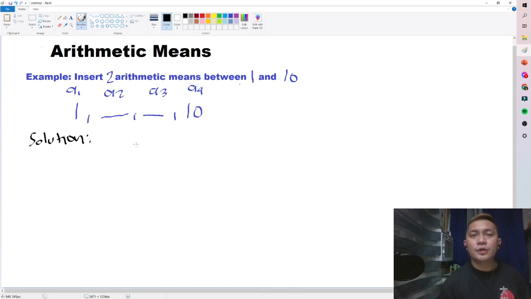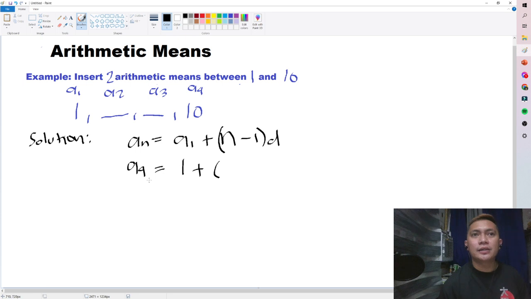Solution. So using the formula of a sub n is equal to a sub 1 plus n minus 1 times d. Okay? So ang last term natin is a sub 4. Our a sub 1 is 1. Ito po yung first term. Plus n.